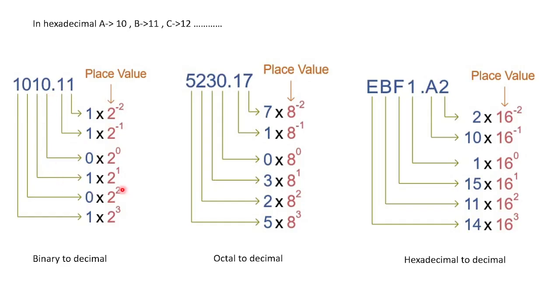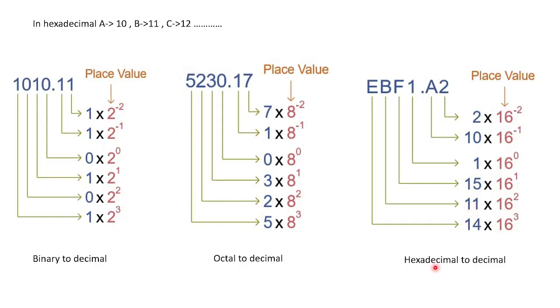As you can see here, from binary also I have used just the base. I multiply each digit with the base, and just remember, on the left side of the point the power starts from 0, and on the right side of the point the power starts from -1, -2, -3, like that, meaning we are actually dividing by 2.